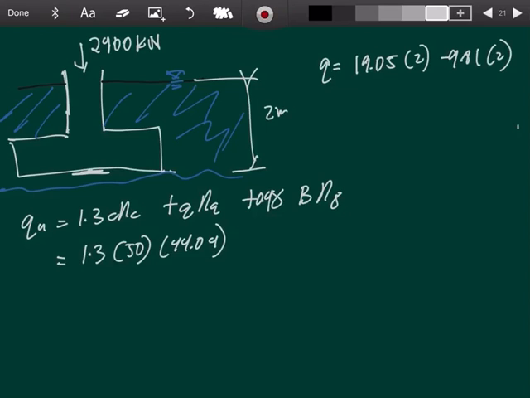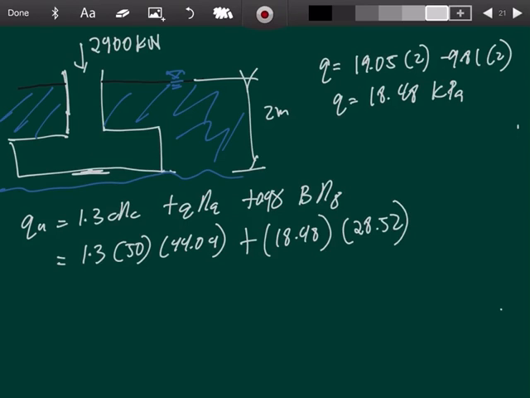19.05 minus 9.81 times 2. That is 18.48 kPa. So, plus 18.48. Ano yung NQ natin? 28.52. Plus 0.4 gamma. So, ano yung gagamitin pala nating gamma dito?